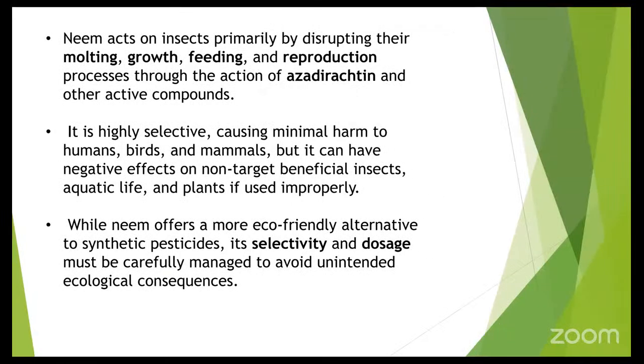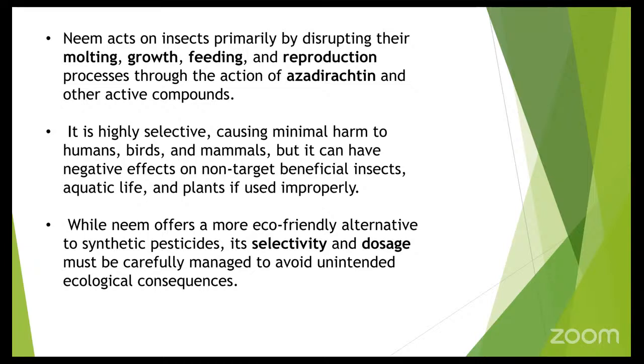So neem acts on insects primarily by disrupting their molting, growth, feeding, and reproduction processes through the action of azadirachtin and other compounds. It is highly selective, causing minimal harm to humans, birds, and mammals, but it can have a negative effect on non-target beneficial insects, aquatic life, and plants if used improperly.